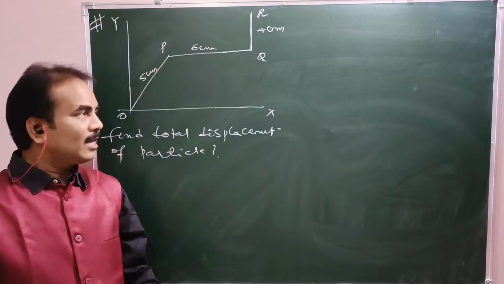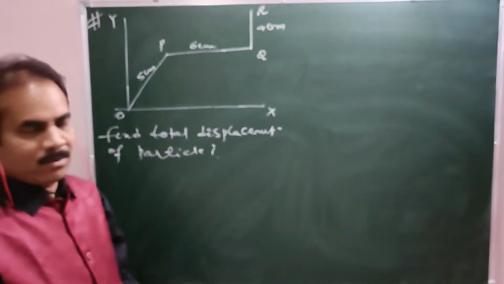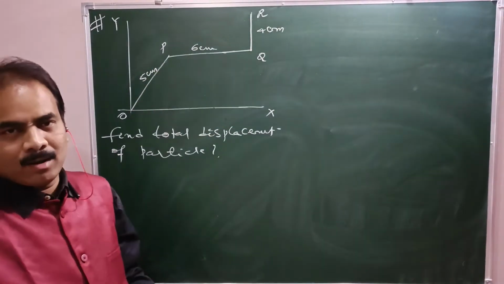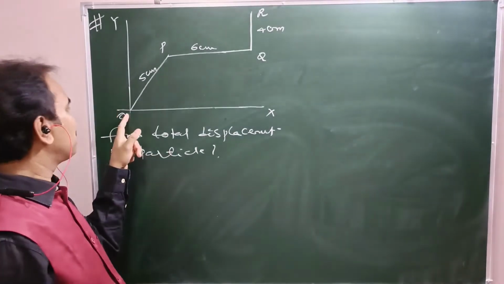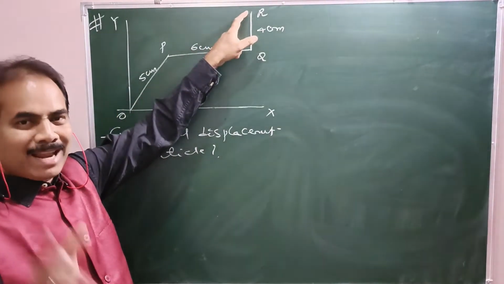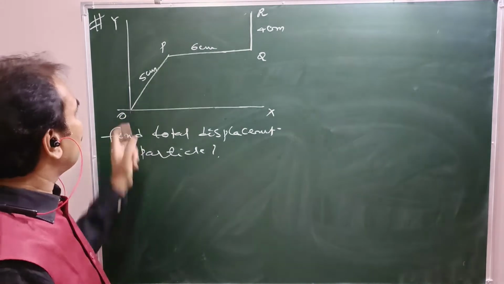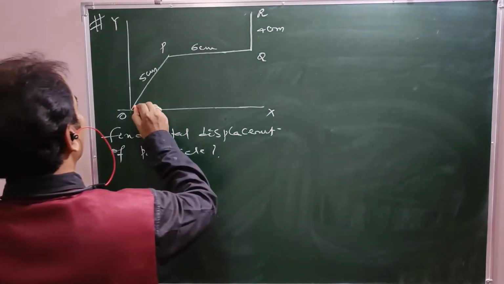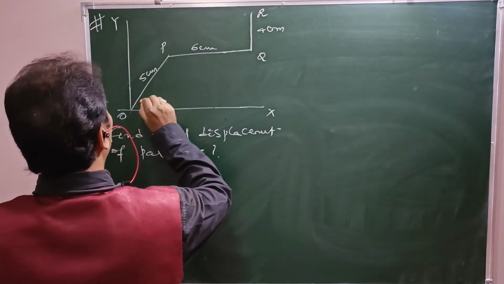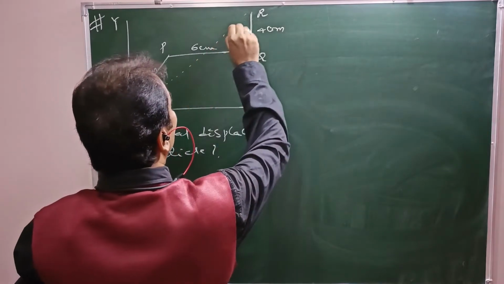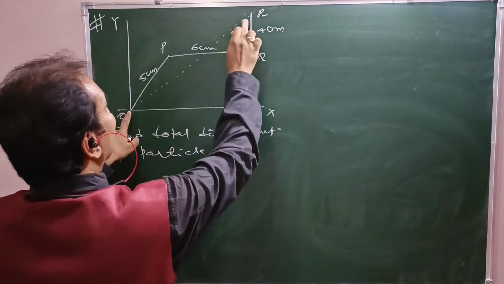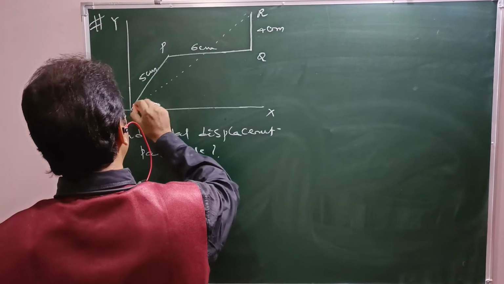Irrespective of the path followed, no need to consider the total path covered. Simply we consider the initial position and final position. Draw a line segment from the initial position to the final position like this, a directed line segment.